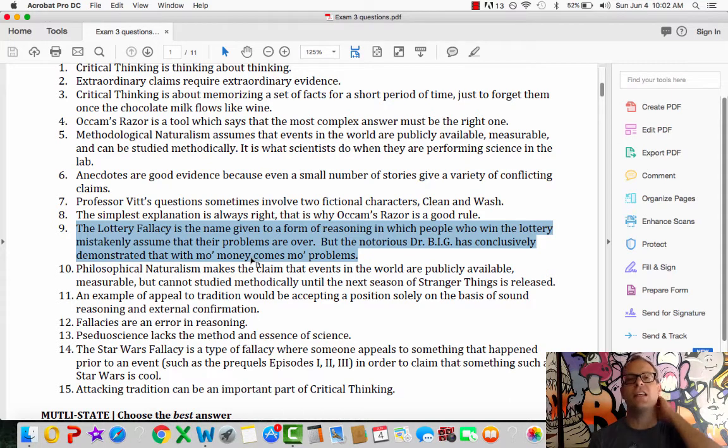The lottery fallacy is confusing the idea that someone will win the lottery with I will win the lottery, right? So suppose I buy my lottery ticket and use my birth date as the numbers. And then I win the lottery and I say, oh my gosh, of all the numbers that could have been drawn, this is the winner.